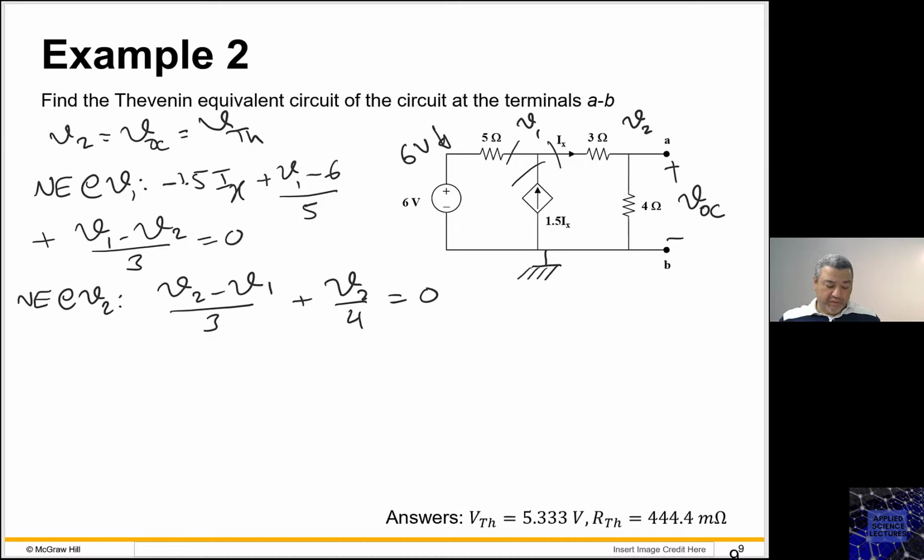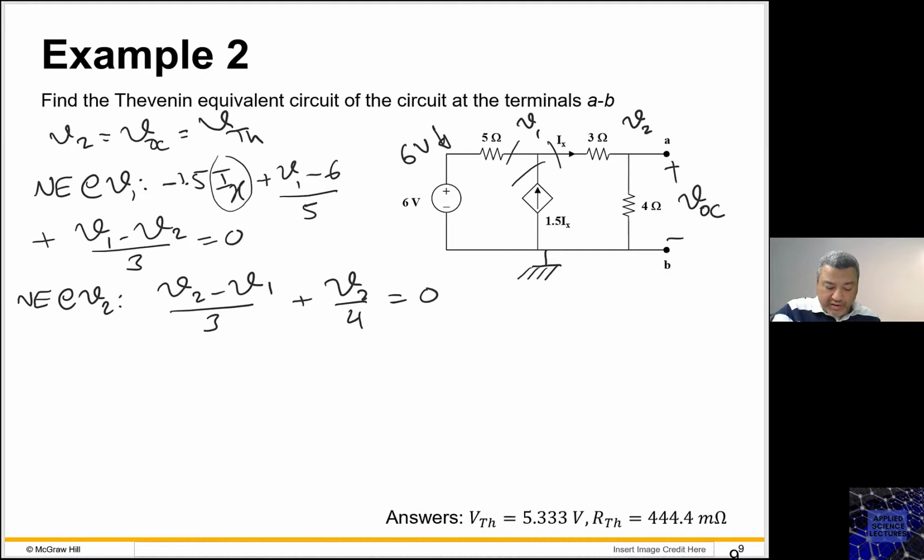Now don't forget that we have Ix that came from this dependent source. We need to find a relationship between this Ix and my original variables, which are the node voltages. So what is the relationship between Ix and my node voltages?